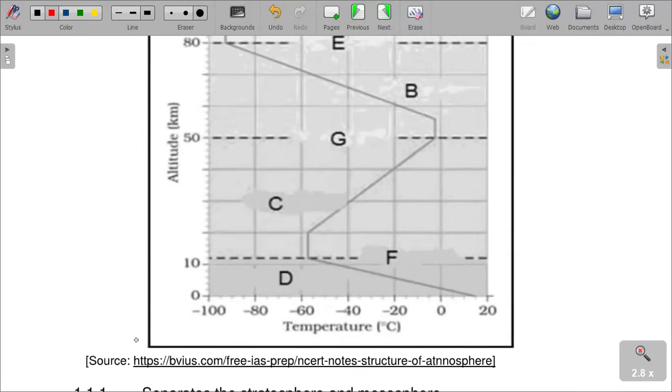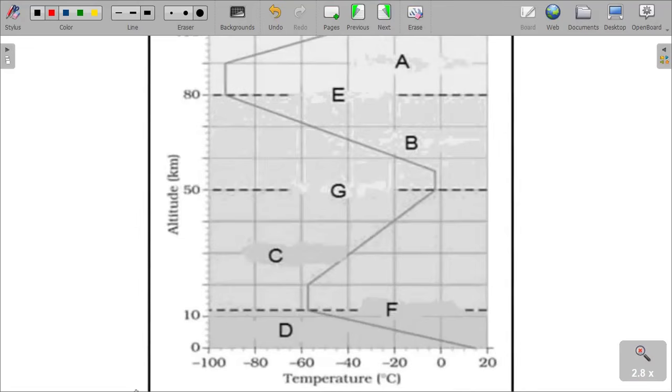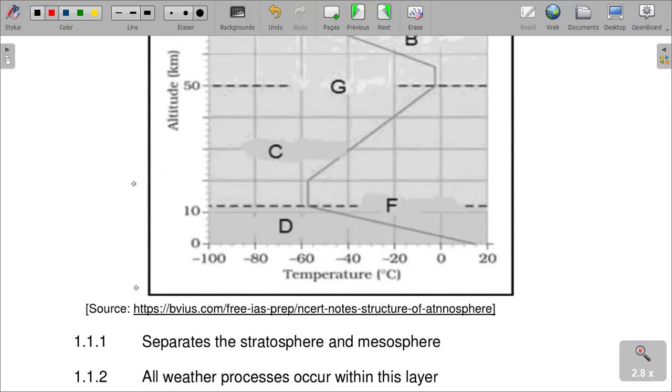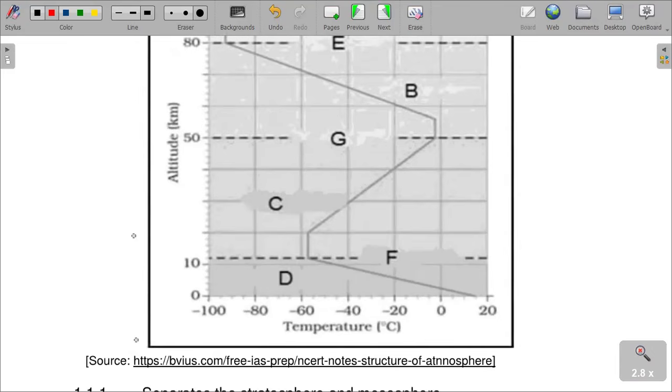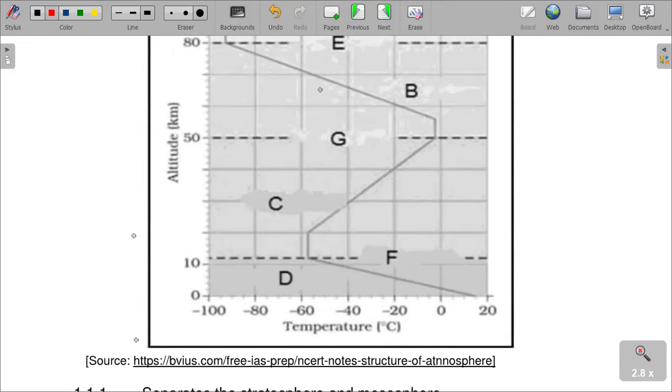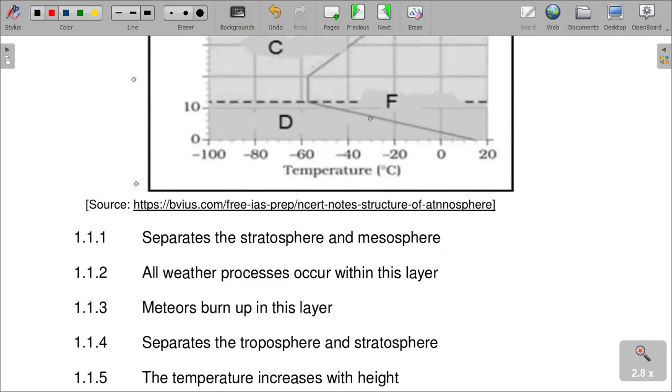If you look at our diagram and identify the zone which separates them, you can agree with me that when you look at the structure of the atmosphere, the zone that separates the atmosphere from the mesosphere, we are saying that is G.